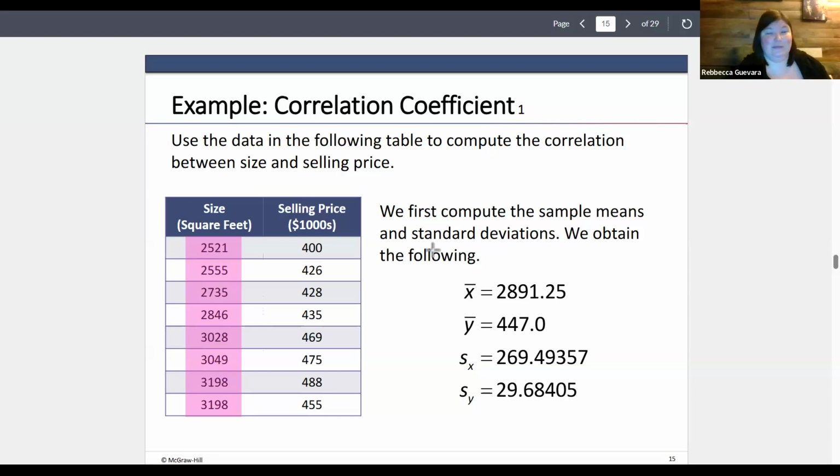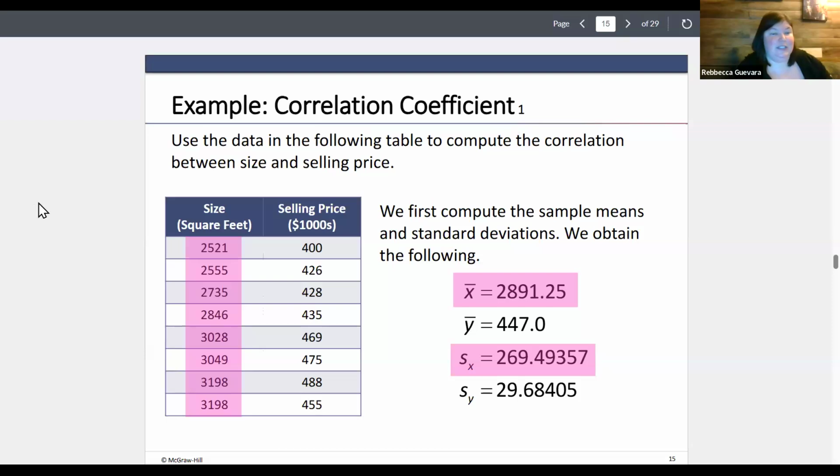These are all my X's. So the mean square footage of these houses, if I looked at all of them, added them up, and divided by the number of houses, is 2,891.24 square feet. And the standard deviation is 269.5 square feet.